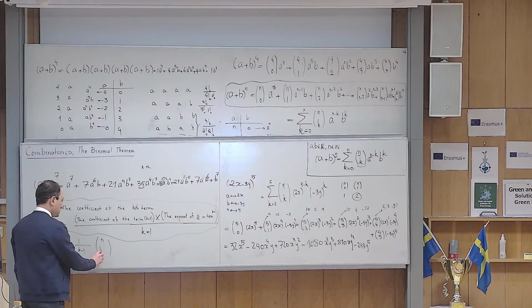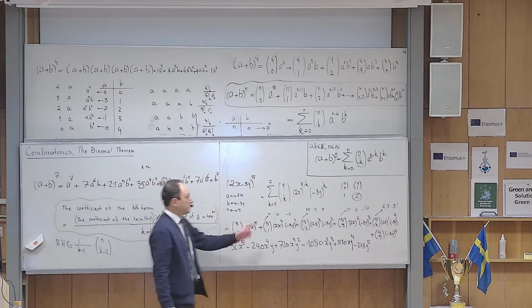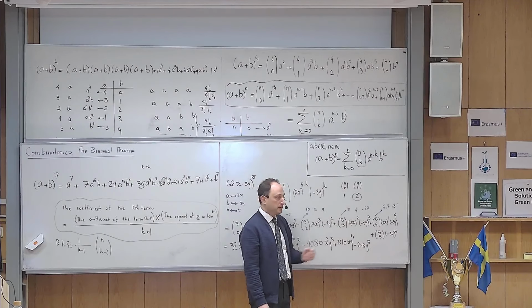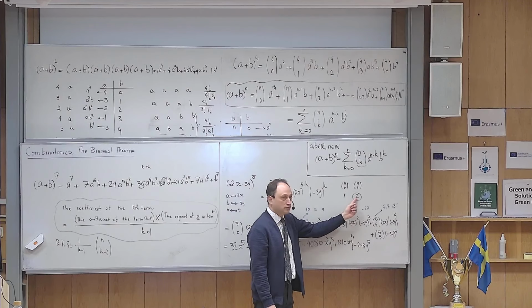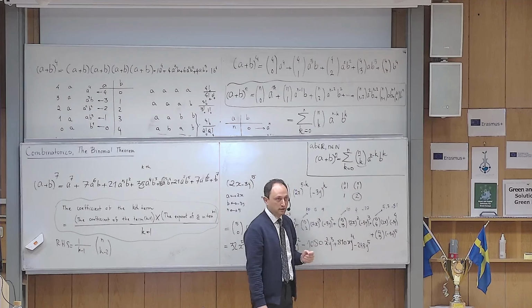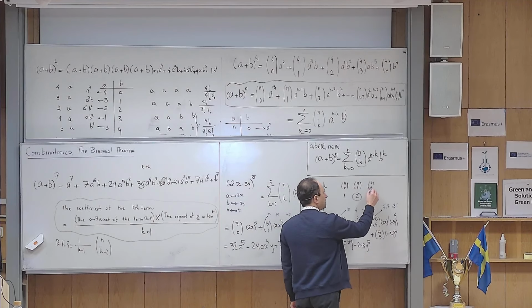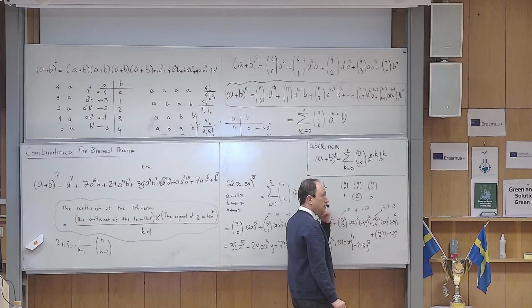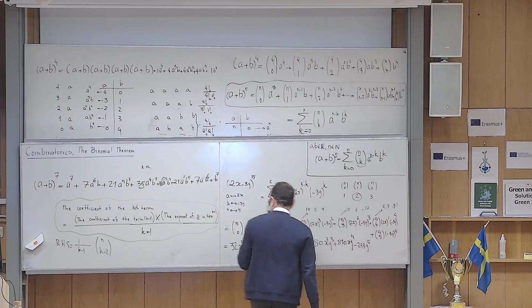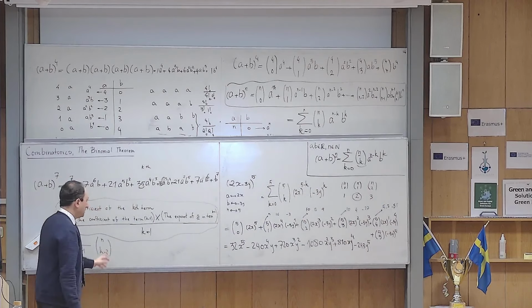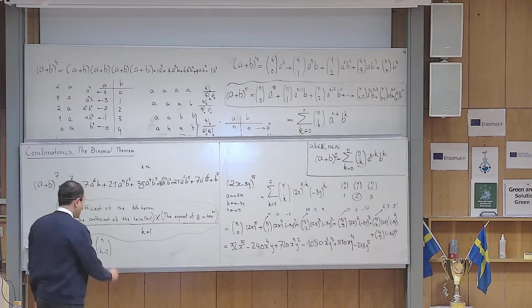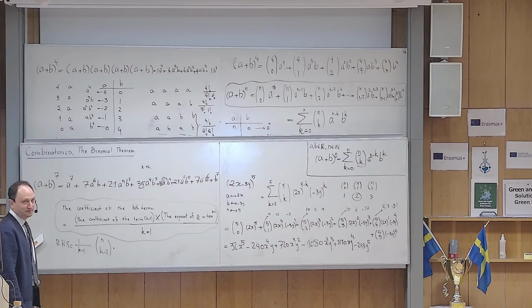N choose k minus 2. Is that right? Because, for example, if I say, tell me the coefficient of the first term, you put 0 here. If I tell you, give me the coefficient of the second term, you put 1 here. If I tell you, give me the coefficient of the third term, you put 2 here. If I ask you, give me the coefficient of term k minus 1, what do you put here? K minus 2. So that's it. Multiplied by the exponent of a in term k minus 1. So what is the exponent of a in term k minus 1?